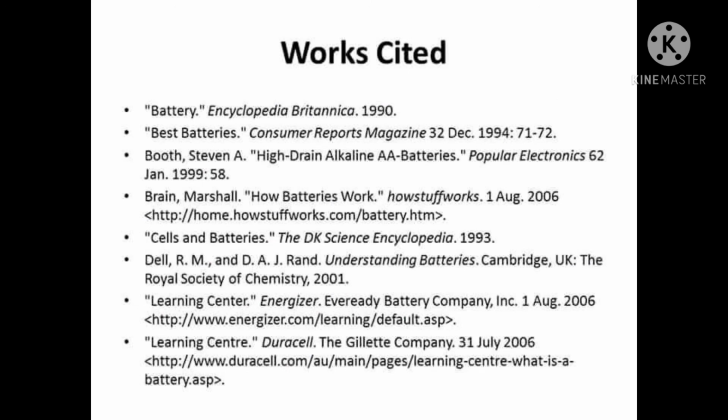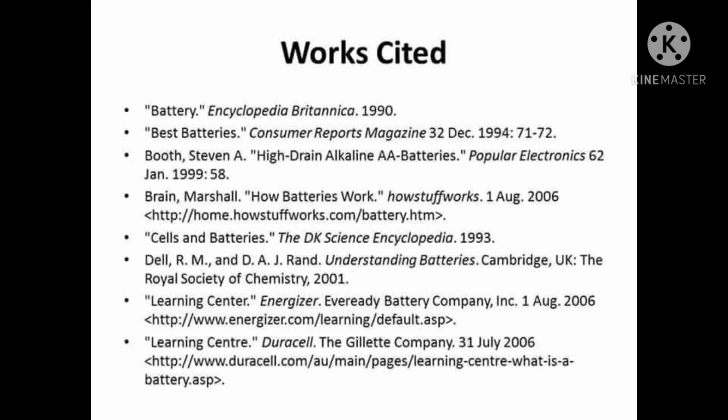For your works cited, here are some examples. For example, the word "battery" from the Encyclopedia Britannica, 1990. It should include the year it was published. And then "Best Batteries," Consumer Reports magazine, December 1994. Pages 71 to 72 are the pages where you read the information.